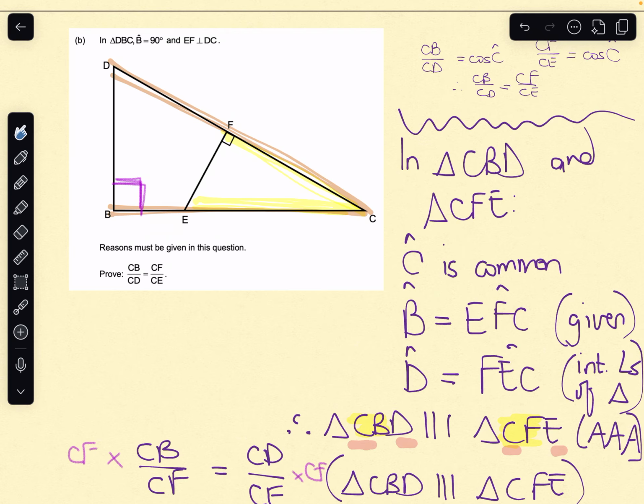BC over DC. Okay, I guess we could just leap right ahead. But yeah, all good. I don't really know what to say. I don't know what's going on in this diagram, in this memo. Anyway, but yeah, whatever. The gist of it is the same.